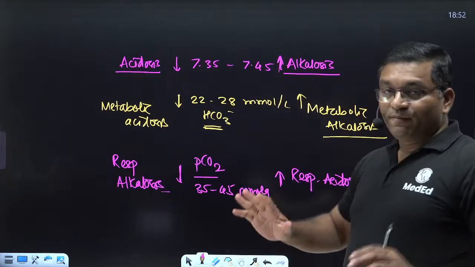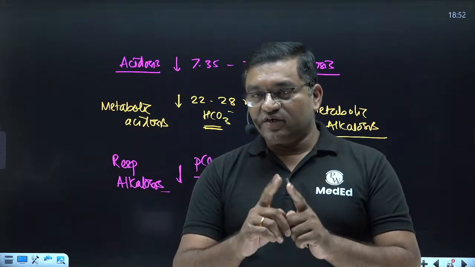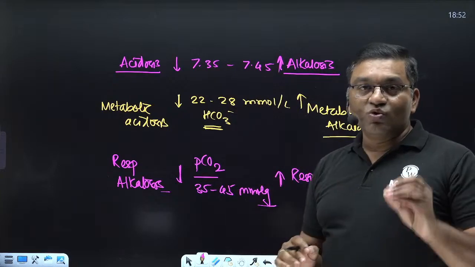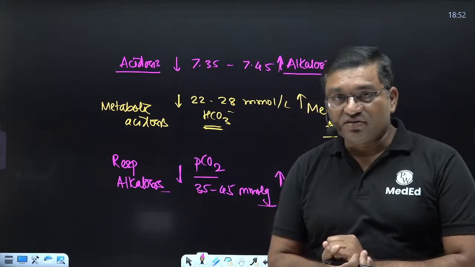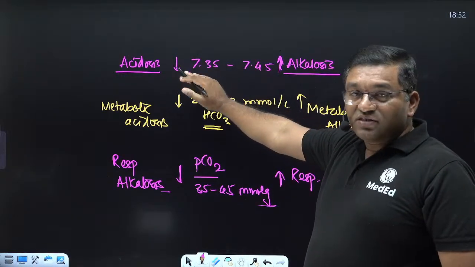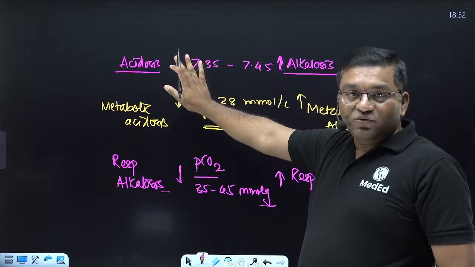Now see, the parameter that goes with the pH is the primary defect. Whatever goes with it is the primary defect. Other one is the compensatory mechanism. So if there is a decrease in pH and a decrease in the bicarbonate level, it is metabolic acidosis.